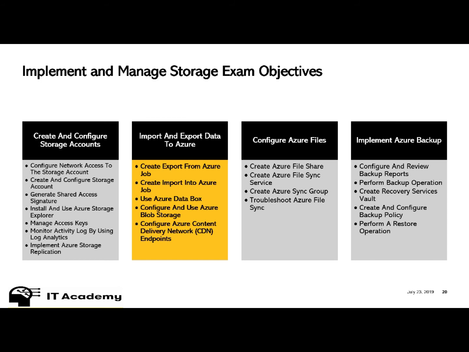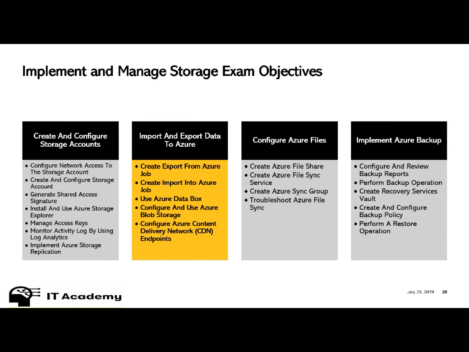There are a couple of tools we need to understand and potentially be proficient with within Azure to help with that. The first is an Azure data export job. What that allows us to do is ship some SATA 3 hard drives to Microsoft and have the engineers of Azure copy data from a storage account or a particular container onto those disks, encrypted and shipped back to us.